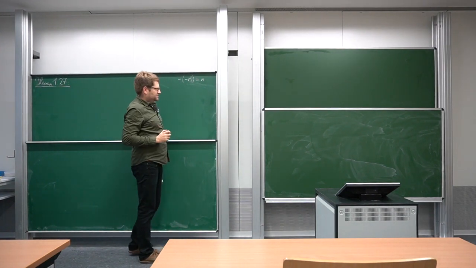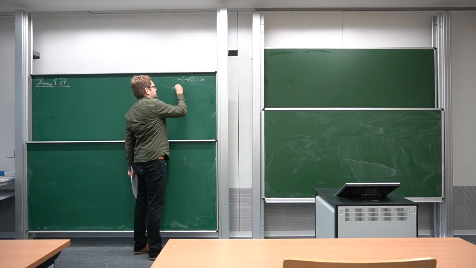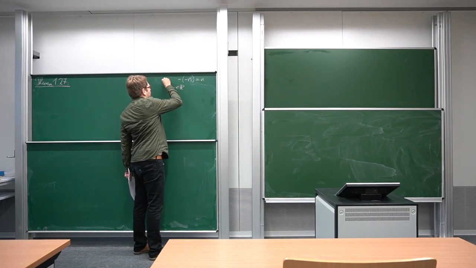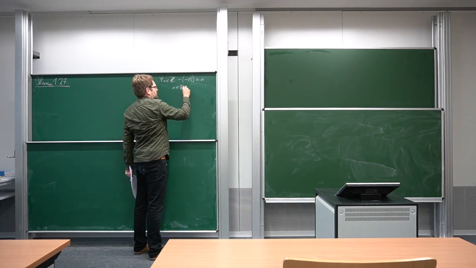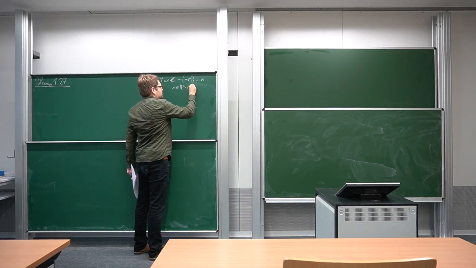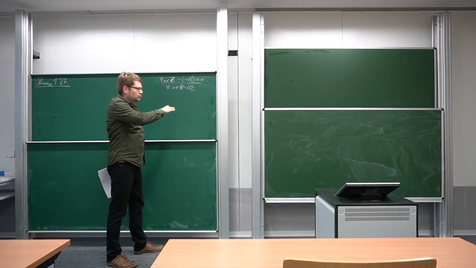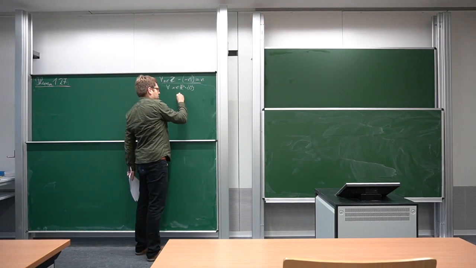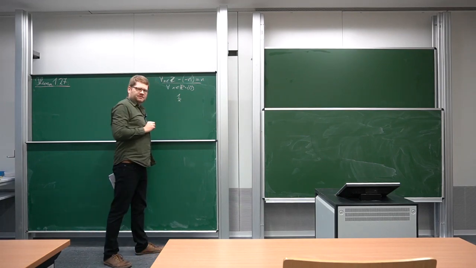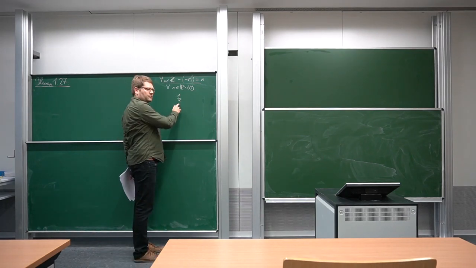In the real numbers, for n in Z that was the case, now assume we take some x in R without 0, then we know that 1 over x is the fraction which is the inverse of x.